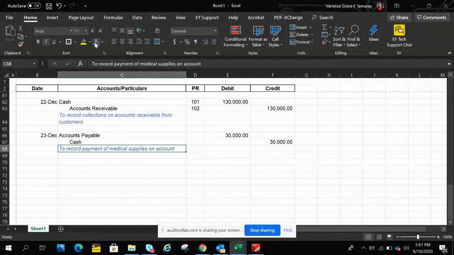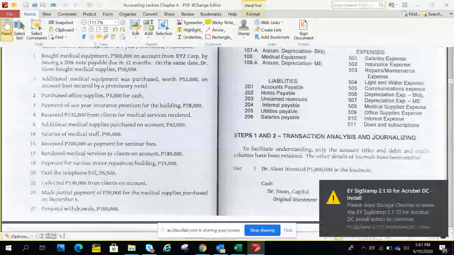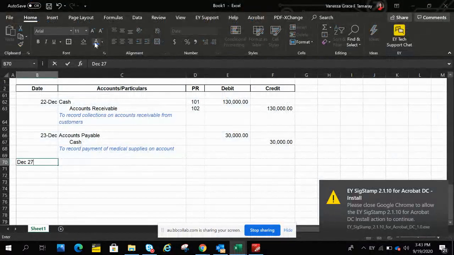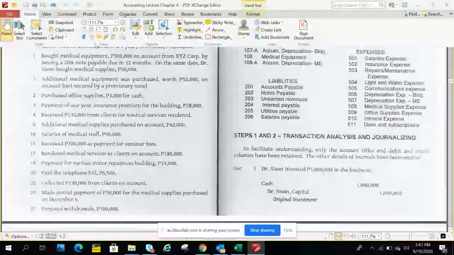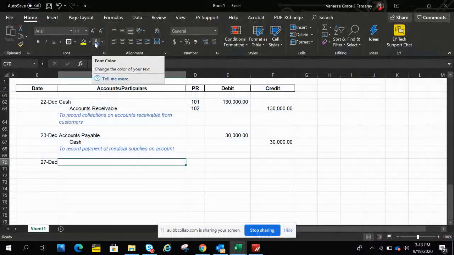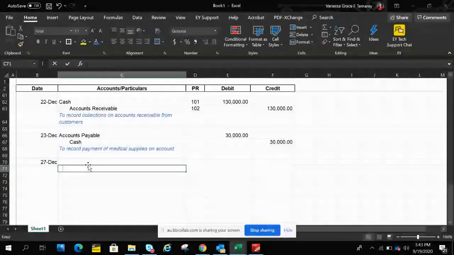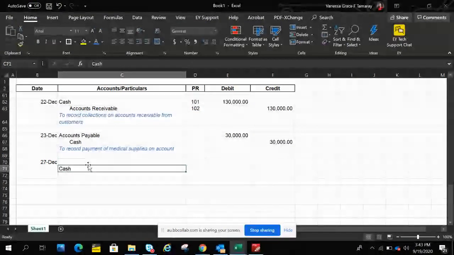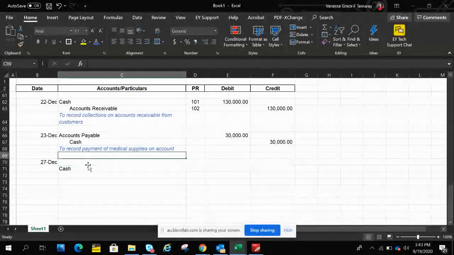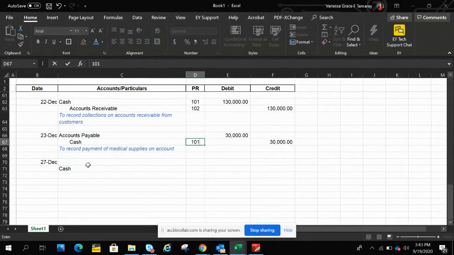Konti na lang, konti tiis na lang. Lapit na tayo matapos. And then, next, December 22nd. To record withdrawals. Pag-record ng withdrawals, ibig sabihin, kukuha na naman ng pera. O di, credit cash. Pero pag withdrawals, ano ba usually? 302.